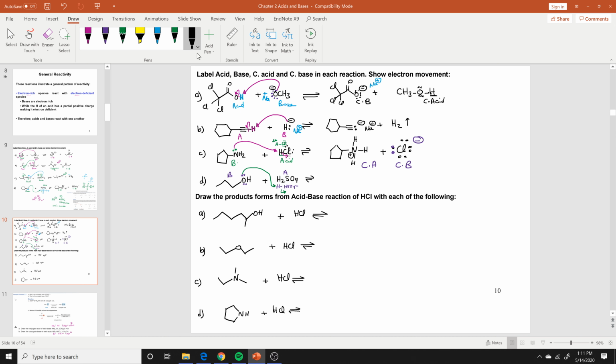So my product is going to look like this. This is an O, this is an H, this is an H, this is a lone pair, this is a positive charge, plus my HSO4 negative. Notice something. Reactants have 0 charge. Products, negative and positive, have 0 charge.